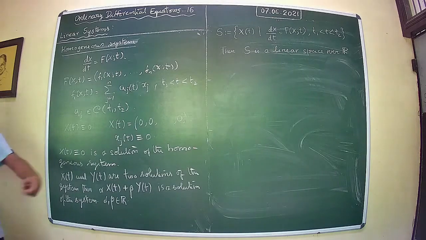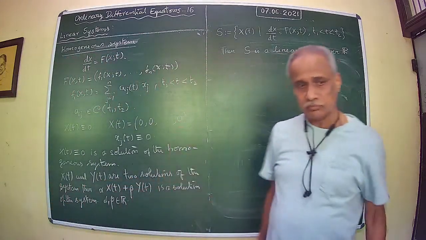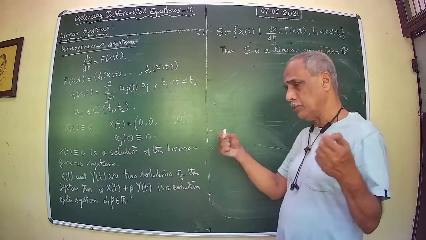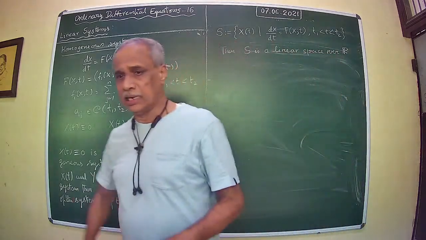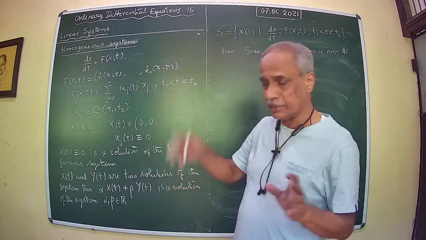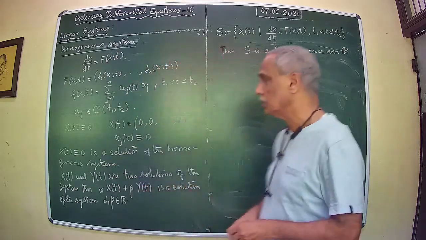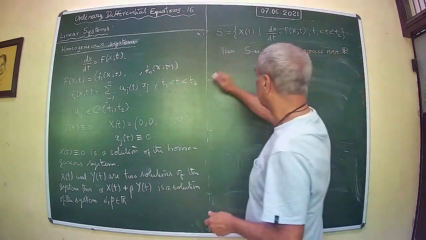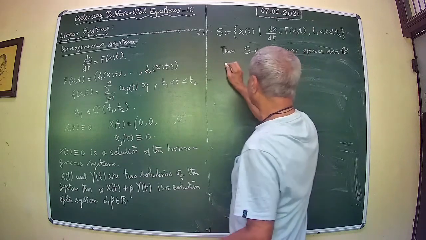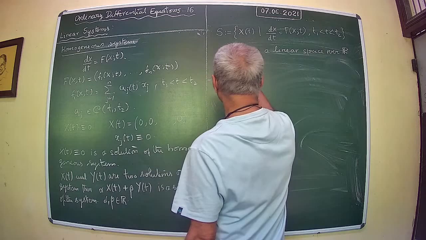So you see you have the interval t1 to t2 on which you have vector valued functions, continuous functions, or differentiable functions, which turn out to be solutions of this equation. What it demands is that xt should be differentiable.